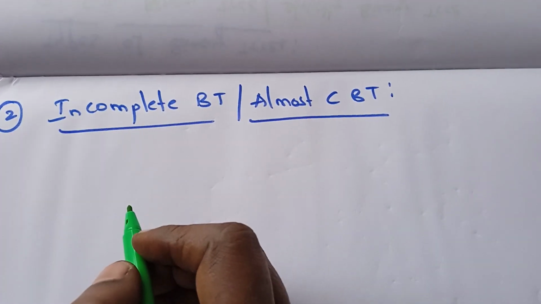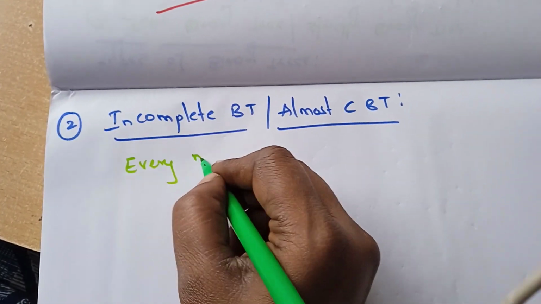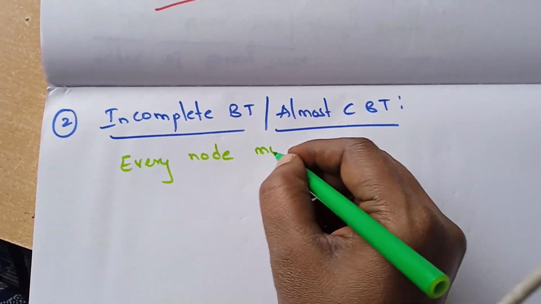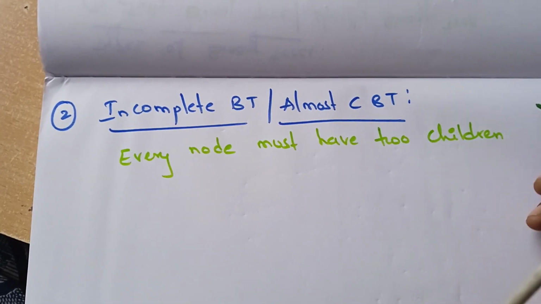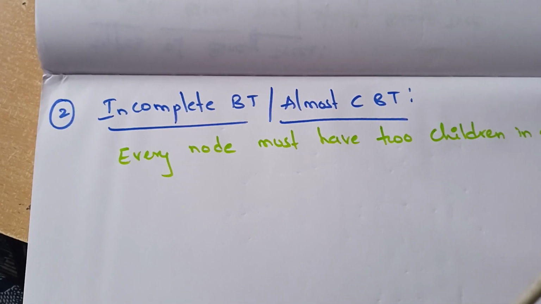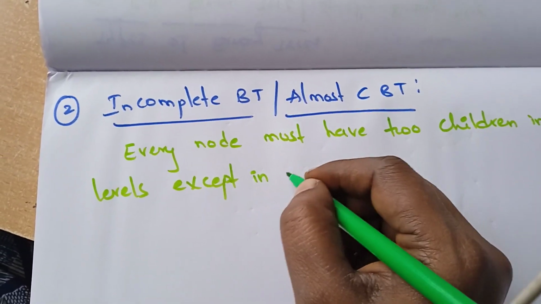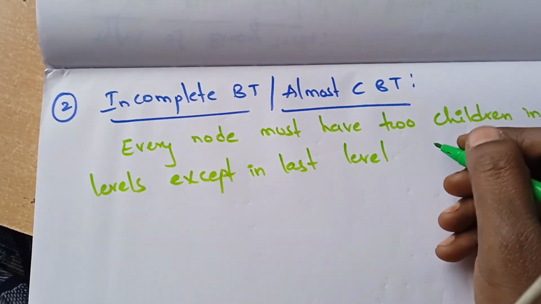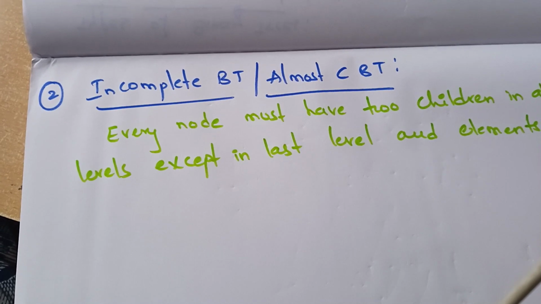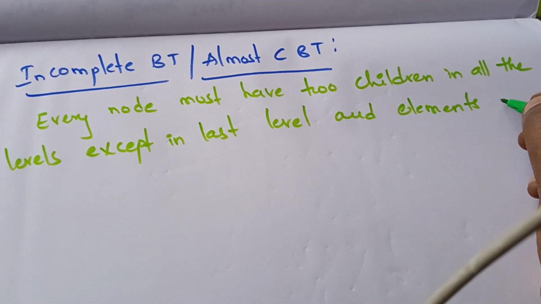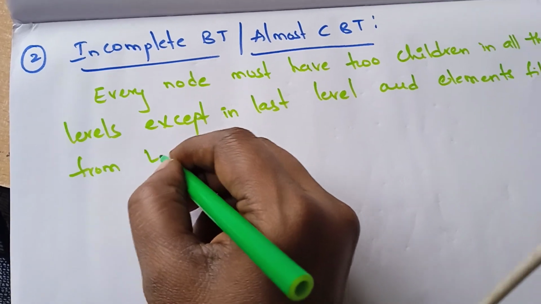Now let's see. Every node must have two children in all the levels except in the last level, and elements or node values are filled from left to right.